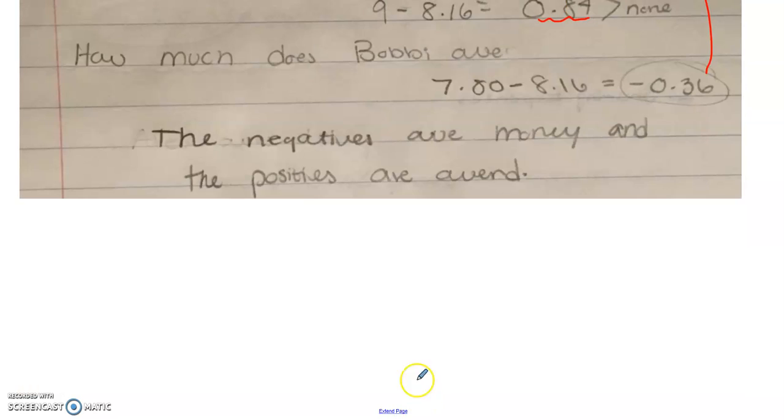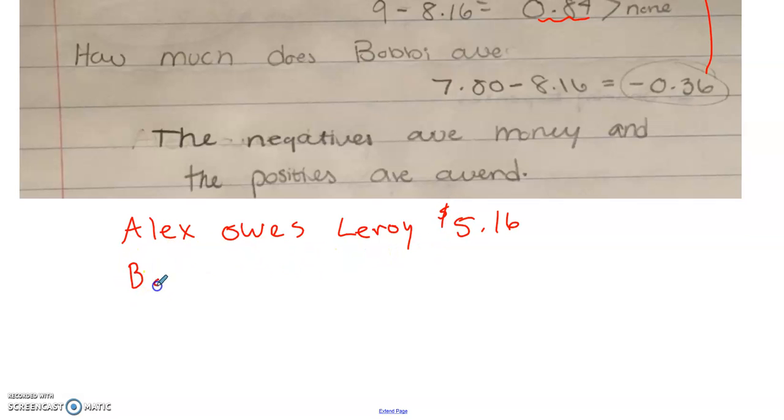So you should have something along the lines of Alex owes Leroy $5.16. Bobby owes Leroy 36 cents.